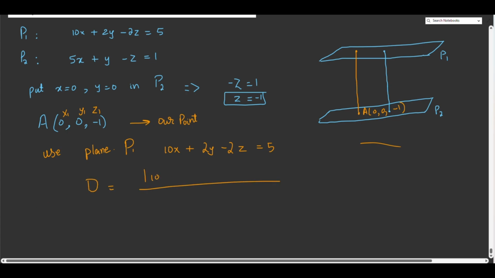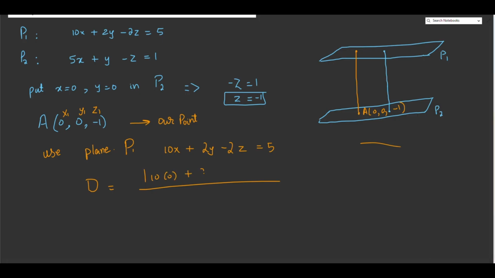So 10 multiplied by 0 plus 2 multiplied by 0 minus 2 multiplied by minus 1, and you can bring this minus 5 to the left-hand side. It will become minus 5 here, divided by the square root of 10 squared plus 2 squared plus minus 2 squared. Now we simplify this.